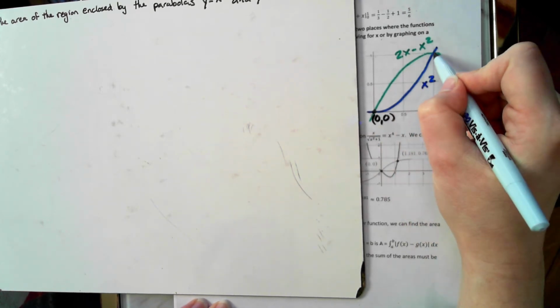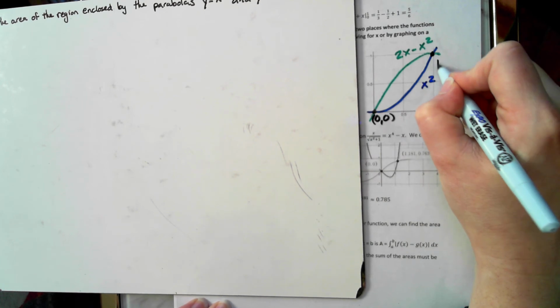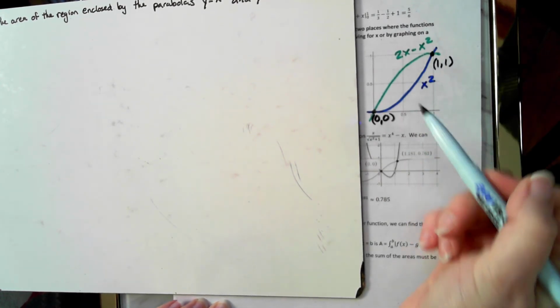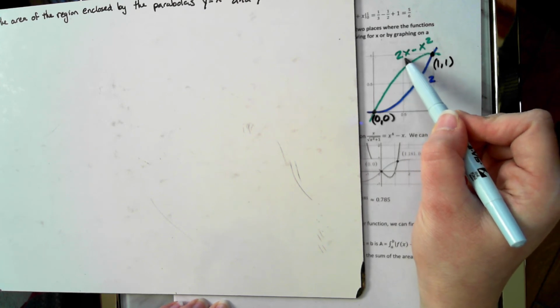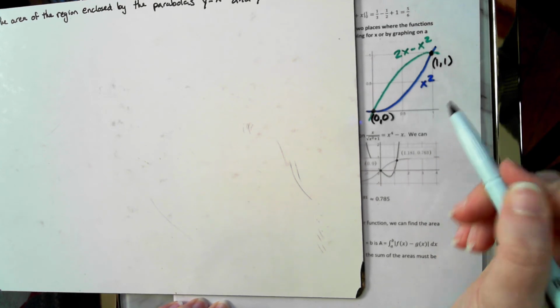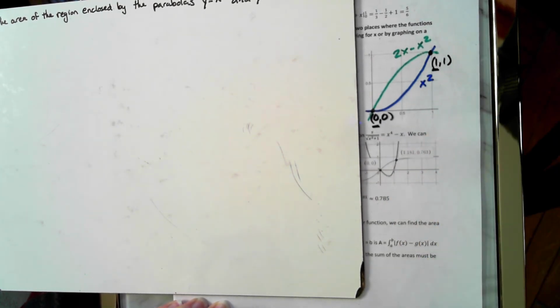Then I clicked on this other intersection point, and I found out that that was the point 1, 1. So what we want is the integral of 2x minus x squared evaluated from x equals 0 to x equals 1. I took those x values from the point, not the y values. So let me show you that work.